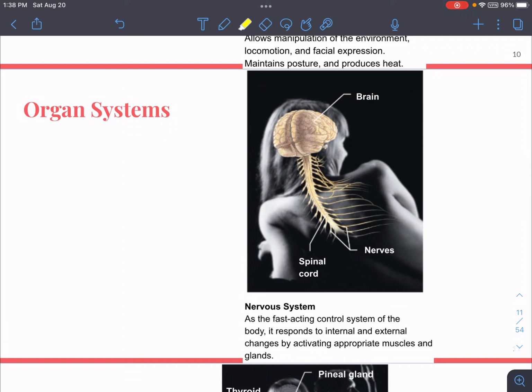If somebody's tapping on your shoulder to get your attention, go back to that example, there's a nerve wherever that person's tapping that goes up to the brain, and then the brain sends a signal back down to tell you to turn around and look at who's tapping on your shoulder. So your nervous system is always working. It even works when you sleep. When we get to the nervous system, we'll go over that.